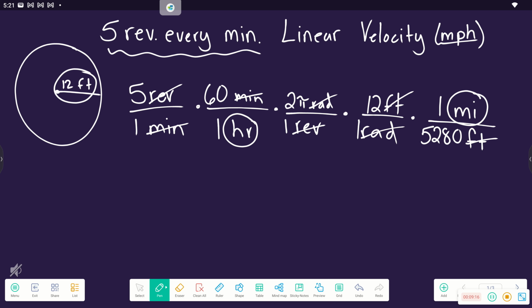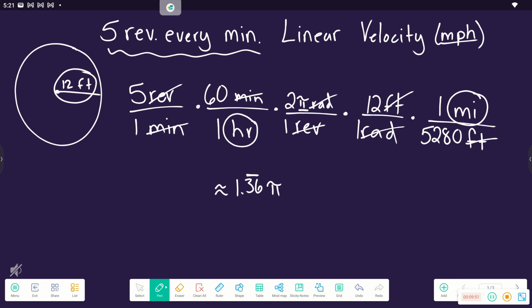Now all we have to do is take out that handy dandy calculator and multiply it all together. So 5 times 60 times 2 times 12 divided by 5,280 is approximately 1.36, and actually it's not approximately, this repeats forever, 36.